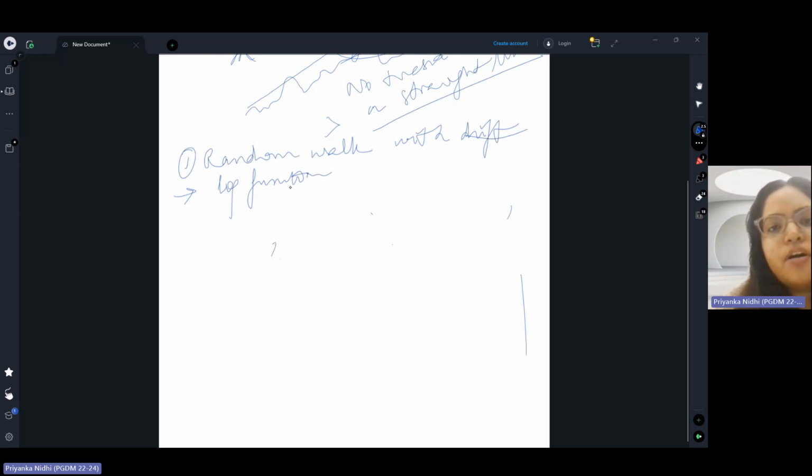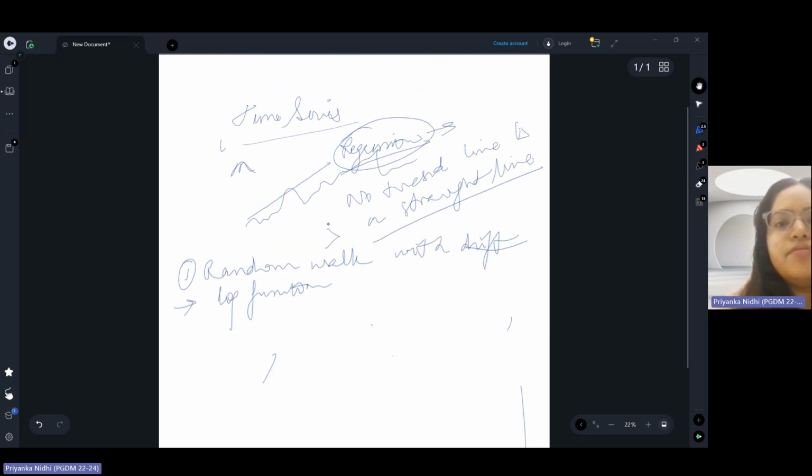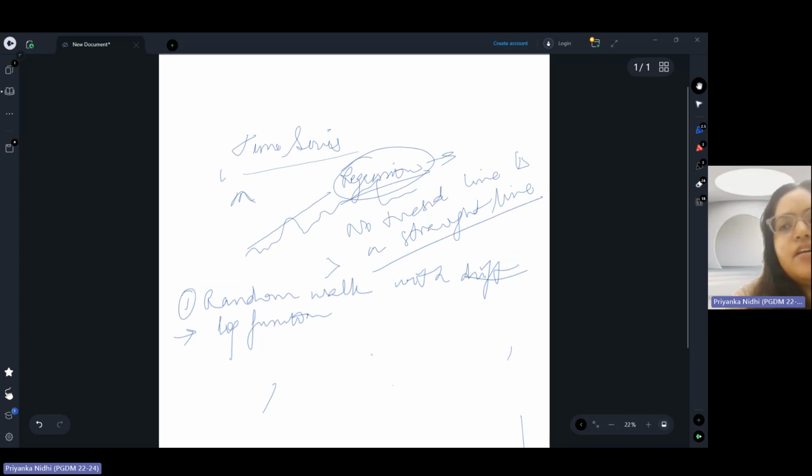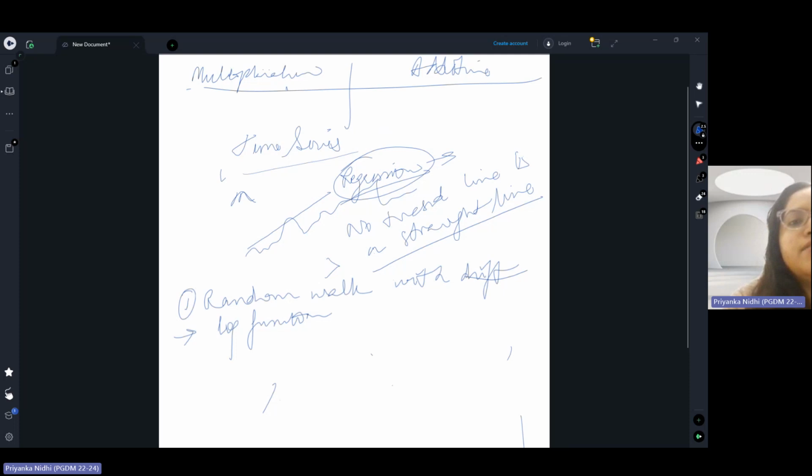So we saw above that there are two types of seasonality. One is multiplicative and the other is additive, right? So to convert the multiplicative into additive, we use log function, right?